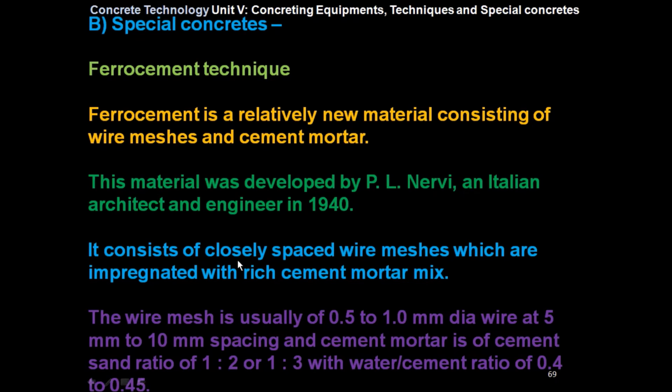It consists of closely spaced wire meshes which are integrated with rich cement mortar mix. The wire mesh is usually of 0.5 mm to 1 mm diameter wire at 5 mm to 10 mm spacing, and the cement mortar is of cement sand ratio of 1:2 or 1:3 with water cement ratio of 0.4 to 0.45.